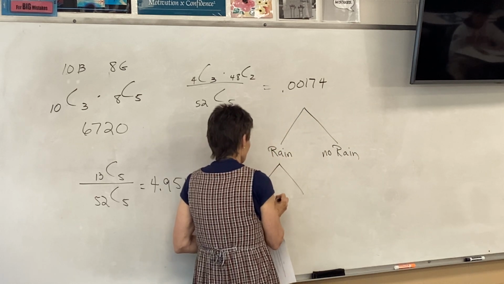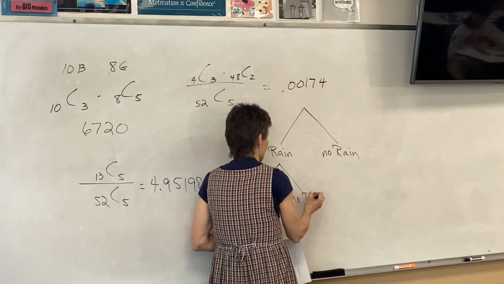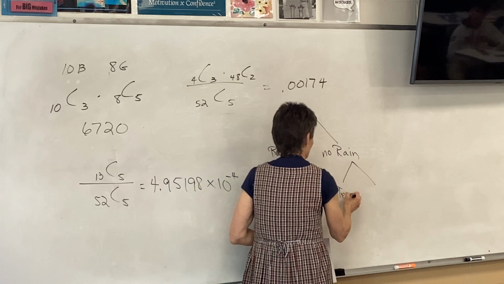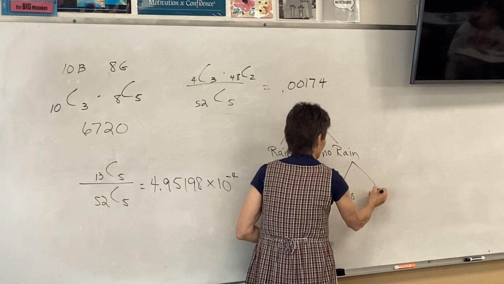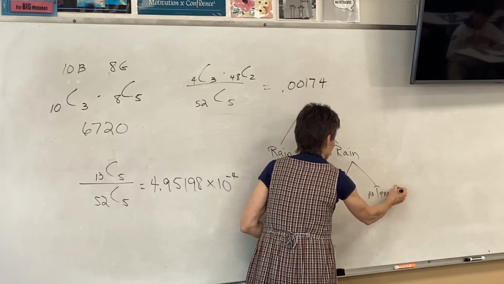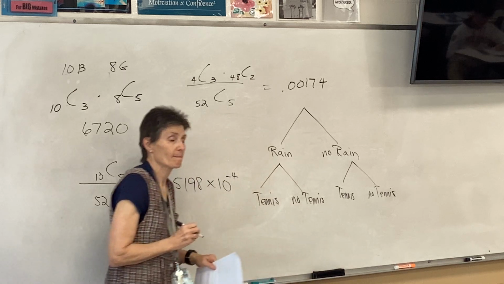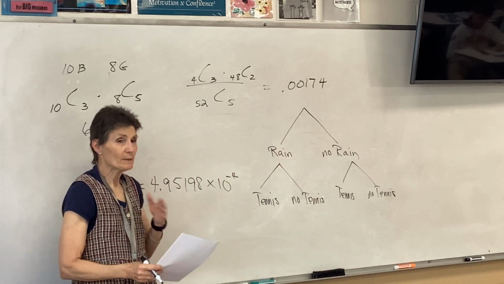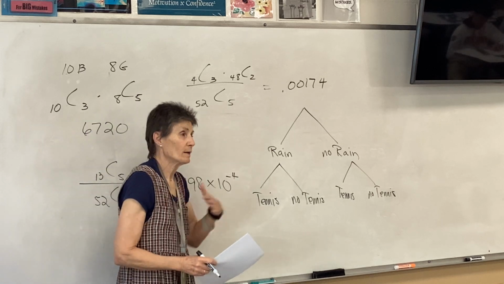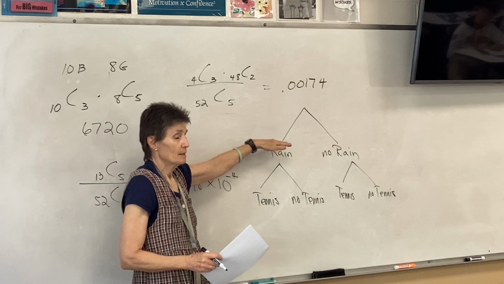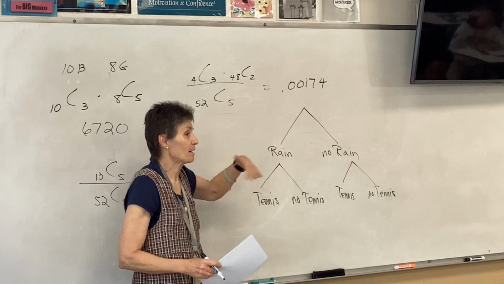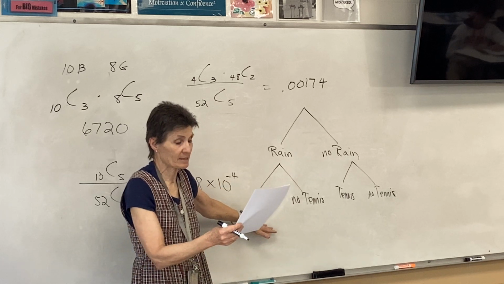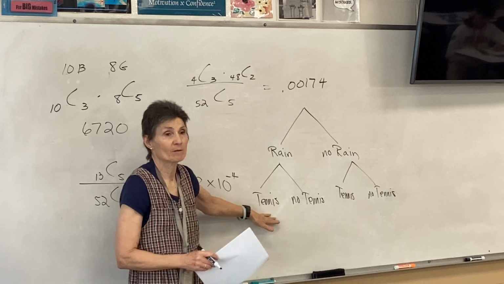And then the second level is the tennis. How do we decide what goes first? It's what the question is not about. The question is about finding the probability of playing tennis, so tennis has to be on the bottom.